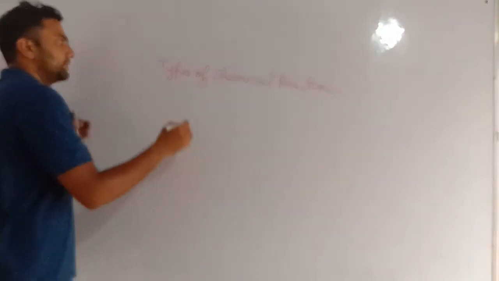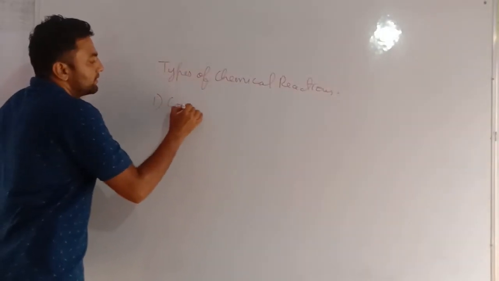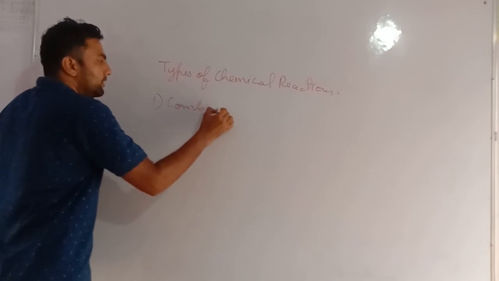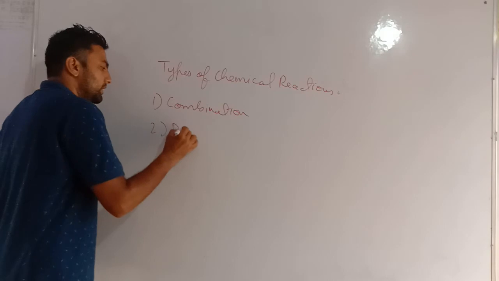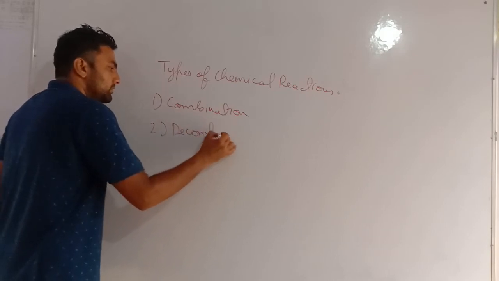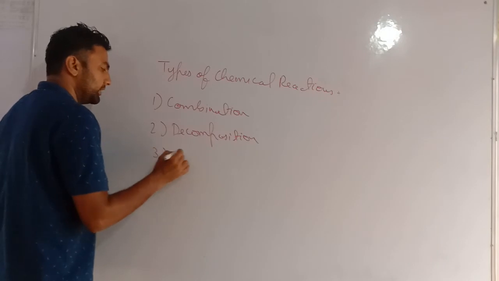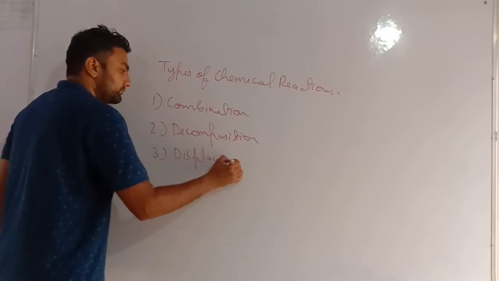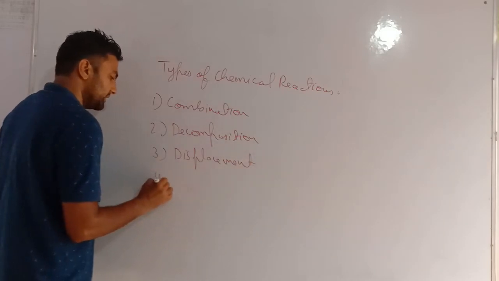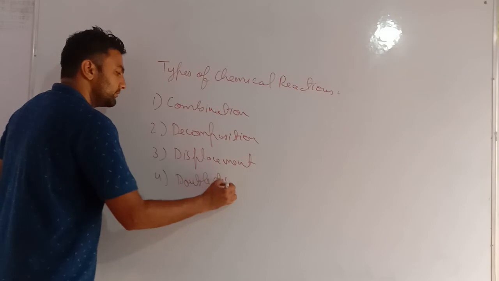See, my dear friends, there are many types of chemical reactions. One by one we will see all. First one is combination reaction. Second one is decomposition reaction. Third one is displacement reaction. Fourth one is double displacement reaction.